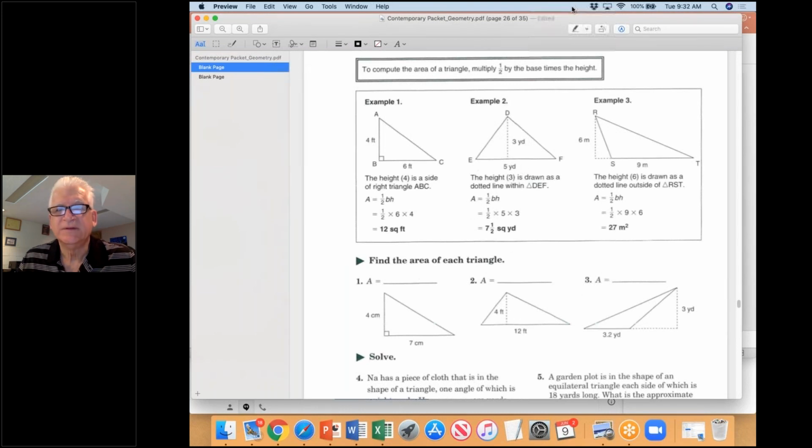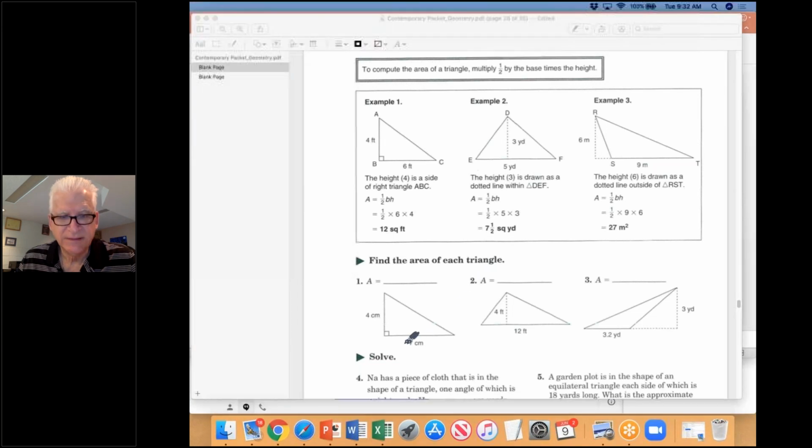So let me get my drawing tool back, pen. So this one seems pretty simple. We know that the area of a triangle equals 1/2 base times height.